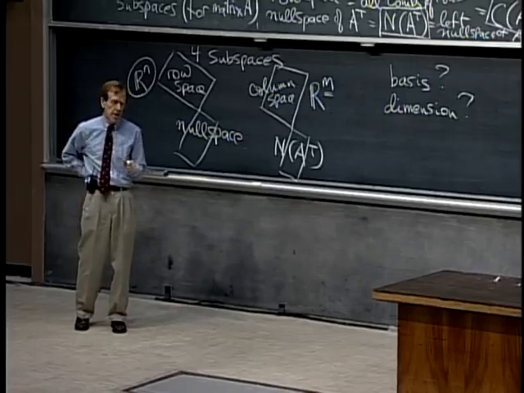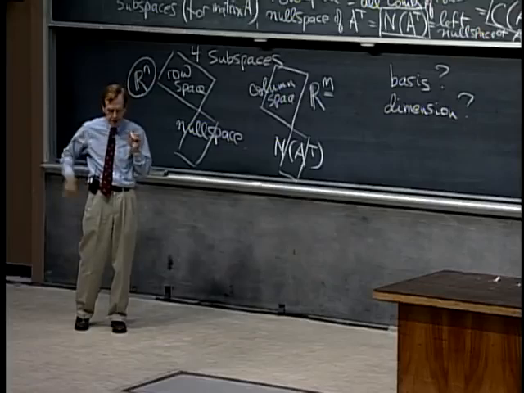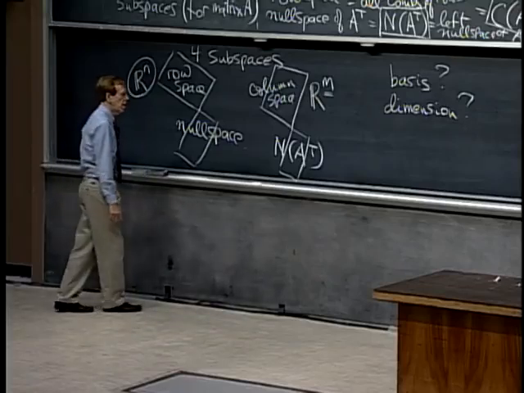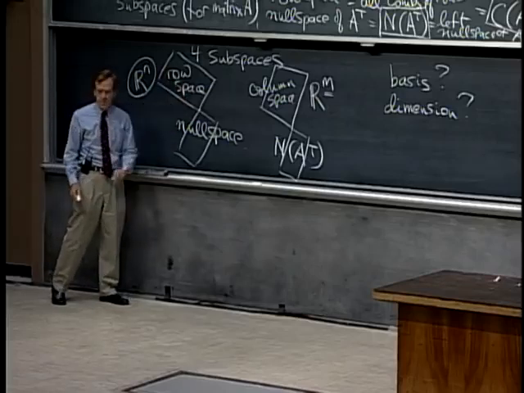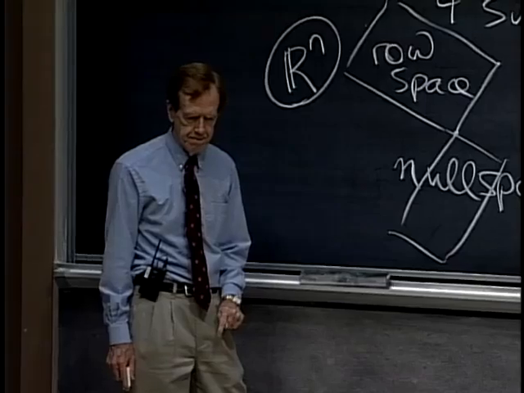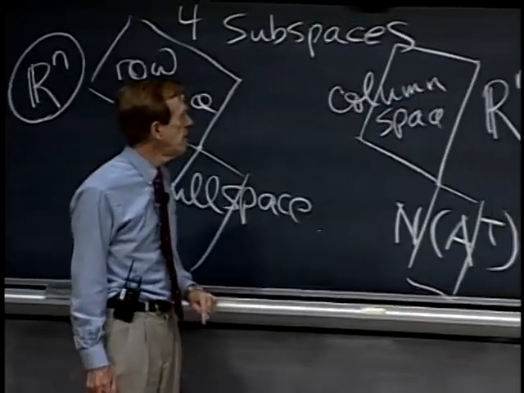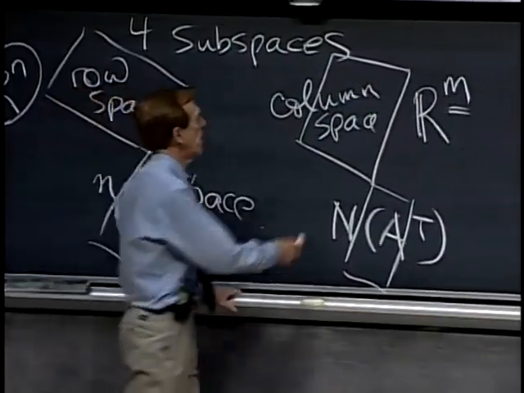Can I give you the short answer first? I shouldn't do it, but here it is. I can tell you the dimension of the column space. Let me start with this guy. What's its dimension? I have an m by n matrix.